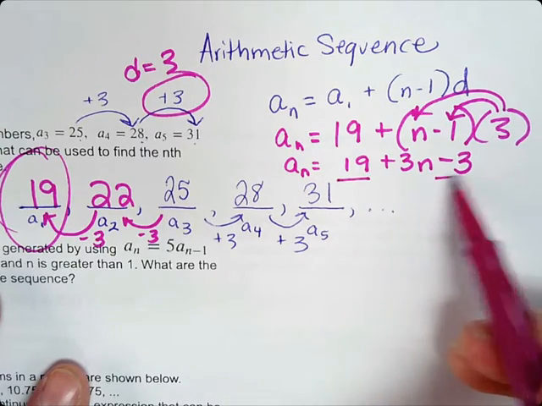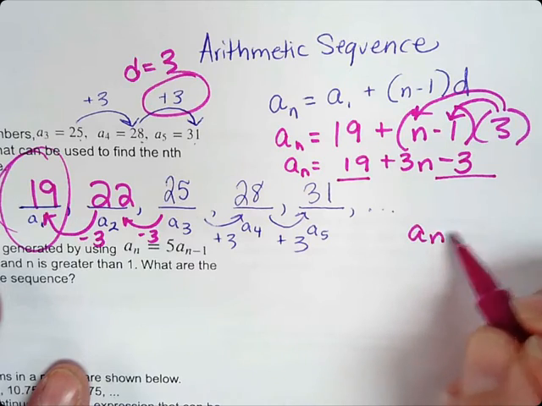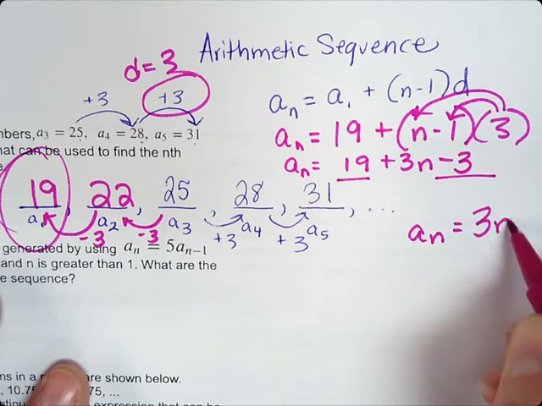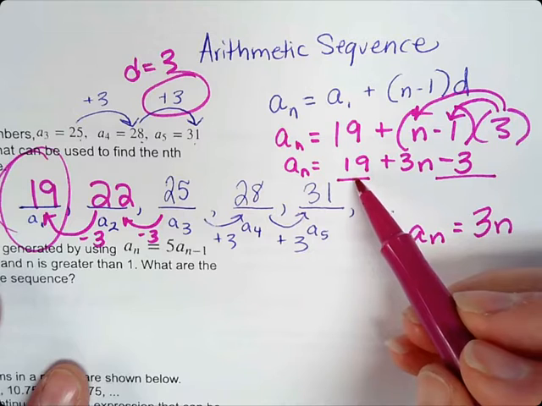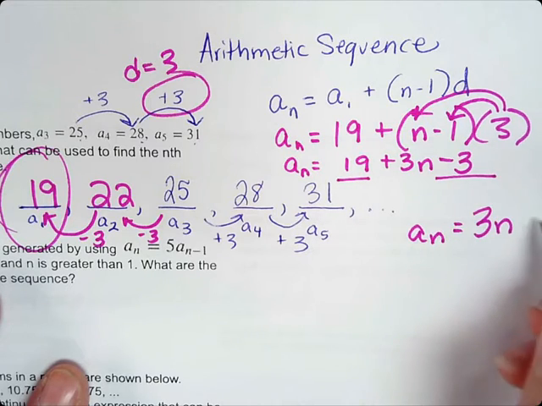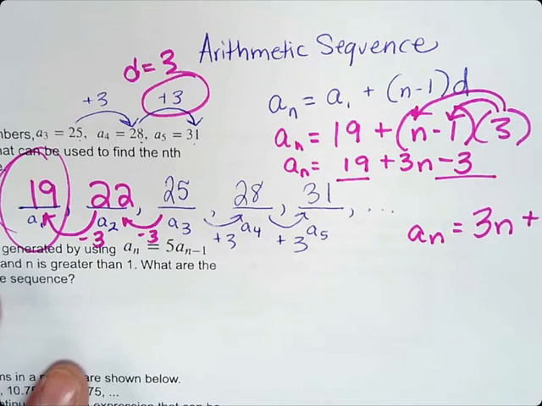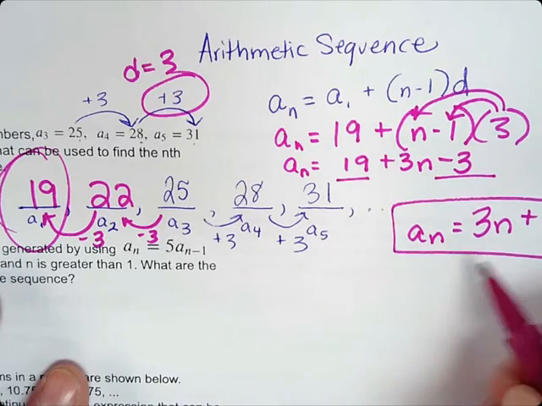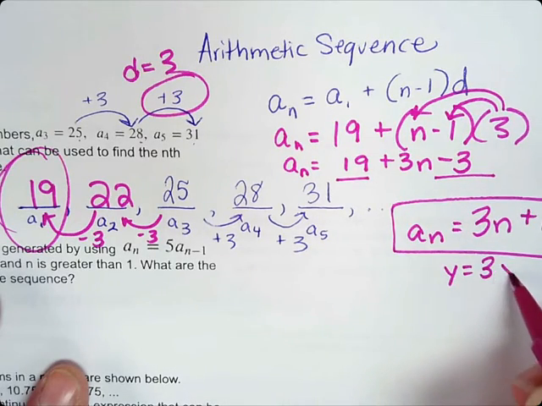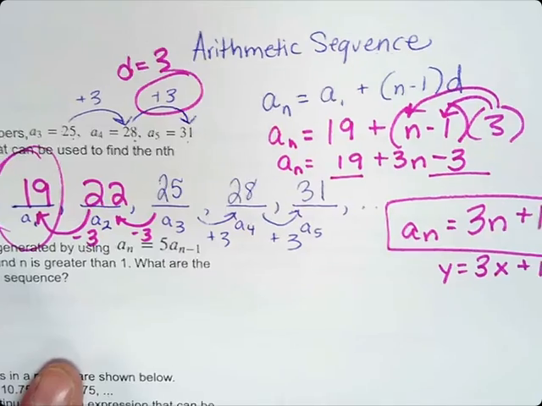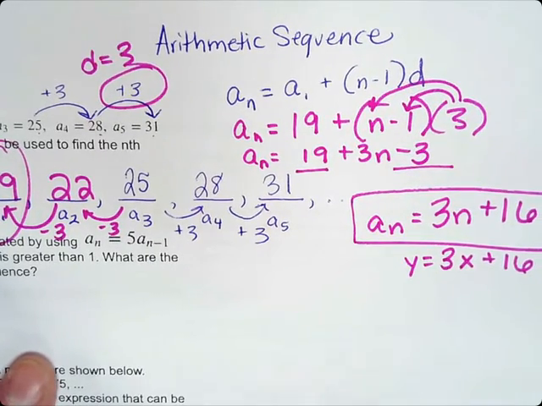Then we can combine our like terms. So it's An equals, I'm going to put 3n first, 19 minus 3 would be 16. This is our rule. And remember, we can rewrite our rule with x's and y's and check our table of values and see if it's the same sequence.